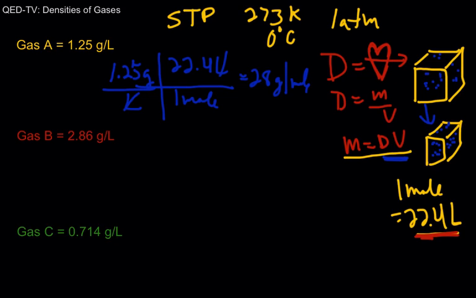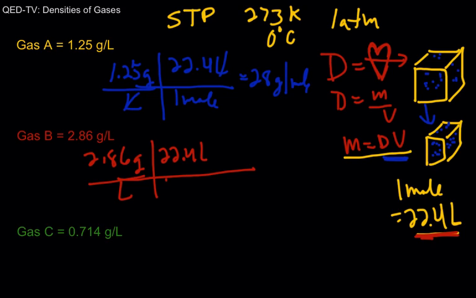And we'll check that out here. Let's do another one. Let's do 2.86 grams per liter is my density. And the molar volume is 22.4 liters for every mole. And liters cancel out. And if I do the math on that, I get 64 grams per mole.